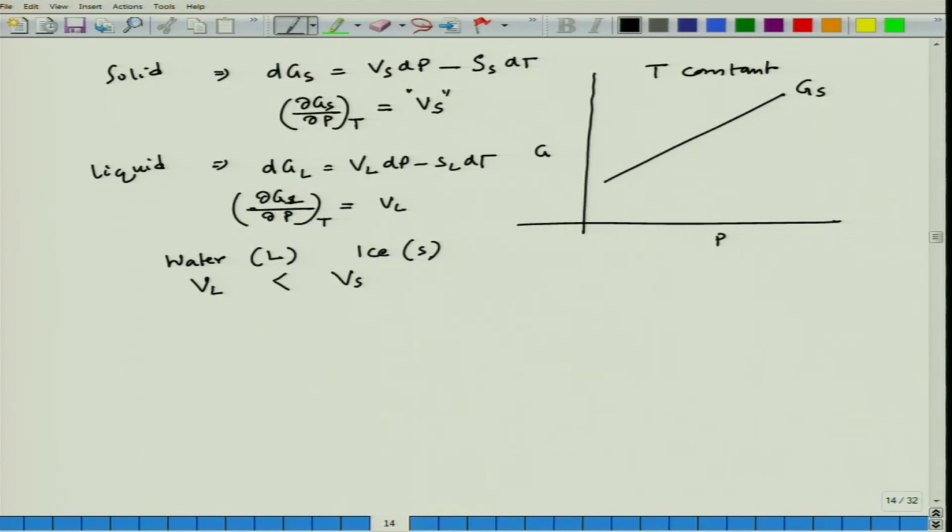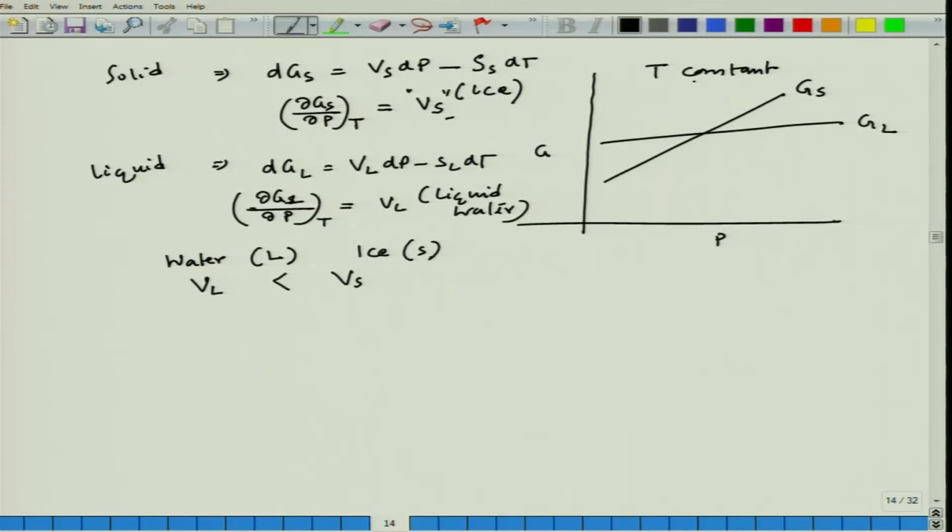If we say this is ice and this is liquid water, this one would have a lower value compared to Vs. So, Vl is lower than Vs. So, the slope of the free energy change of liquid with pressure would also be low. So, this is Gl for water.